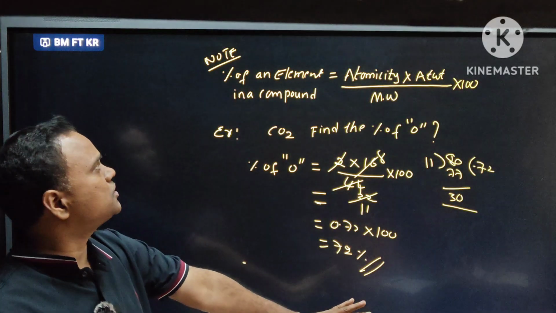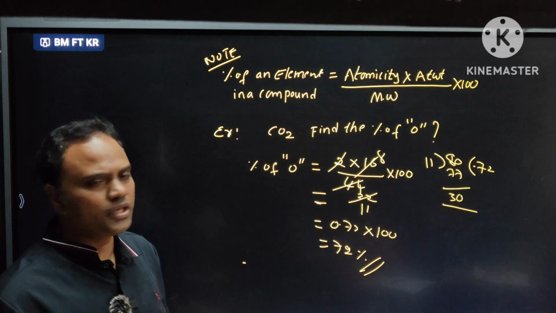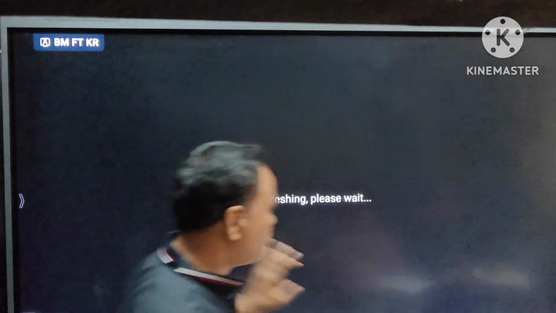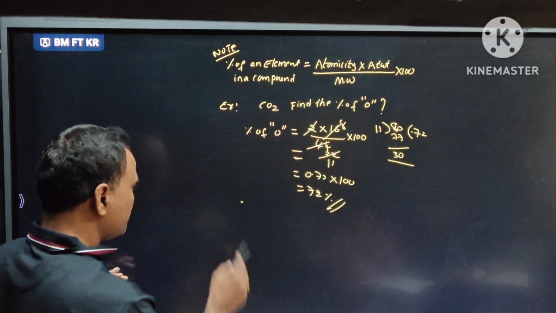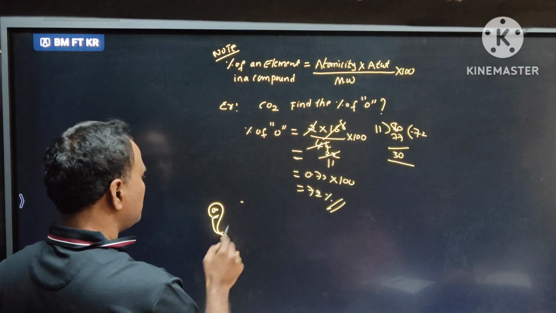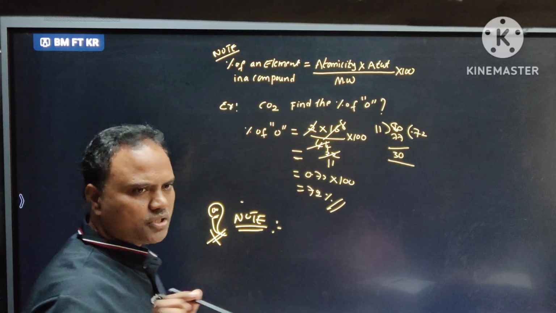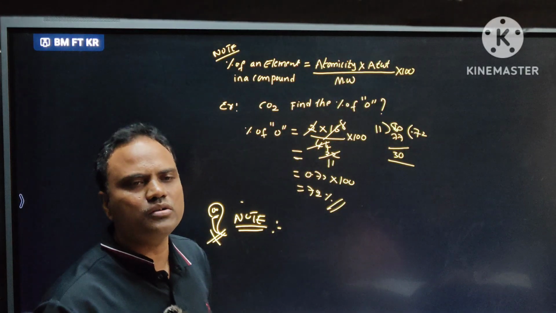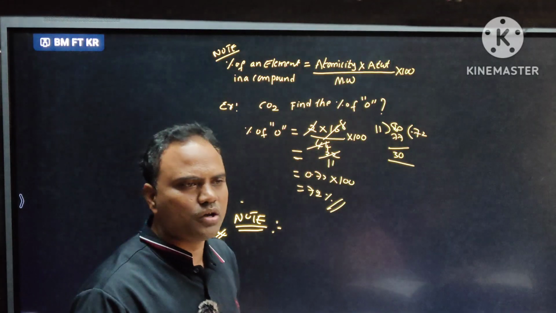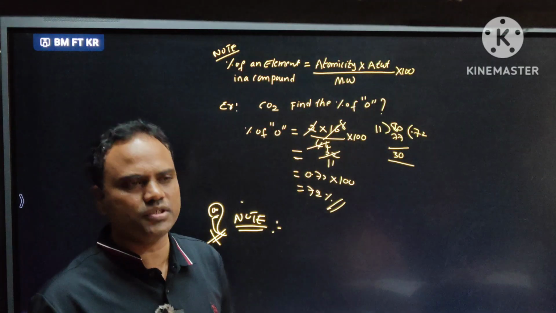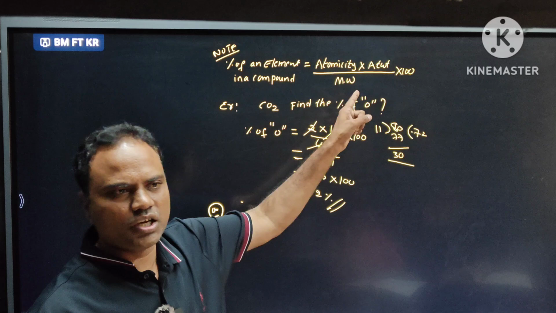What is the formula for the percentage of an element in a compound? Atomicity into atomic weight by molecular weight. Next, one very important point. Danger symbol. Note. Whenever you get a question that says calculate minimum molecular weight, find minimum molecular weight, then take atomicity as 1 in the above formula.